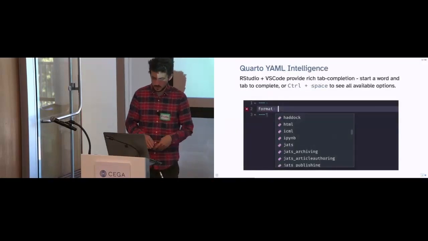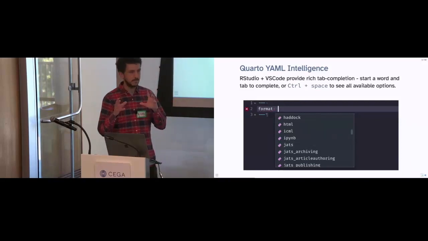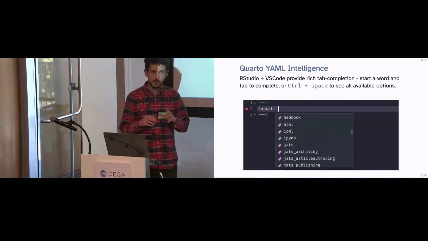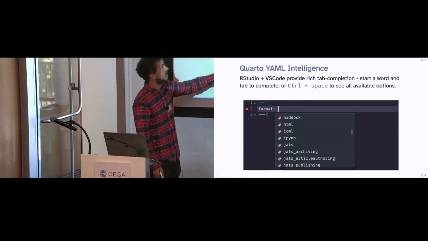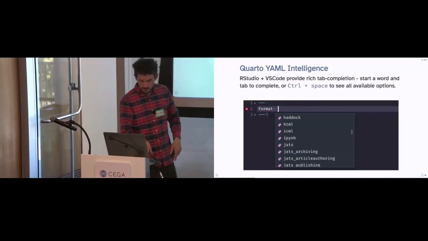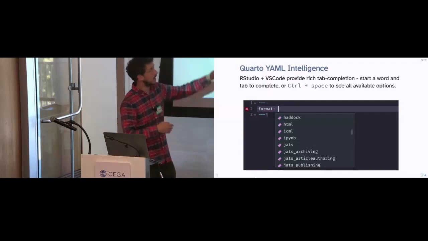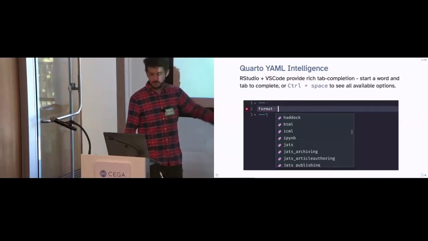You can also, all throughout a Quarto document, use auto-completion, which can be really helpful for learning what the options are. Control space, not command space, control space will bring up all the different possible formats, for example.